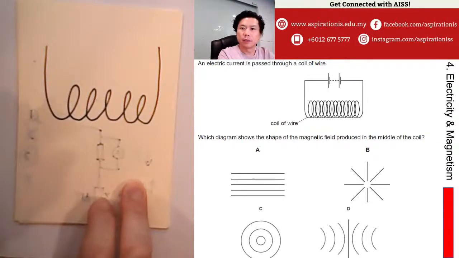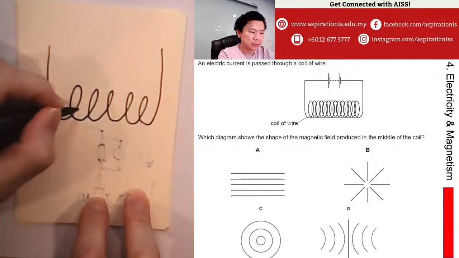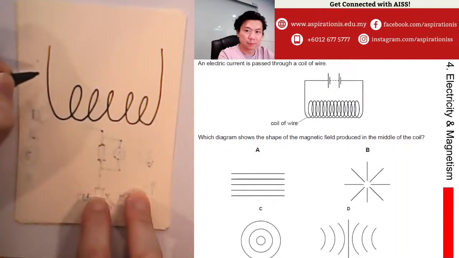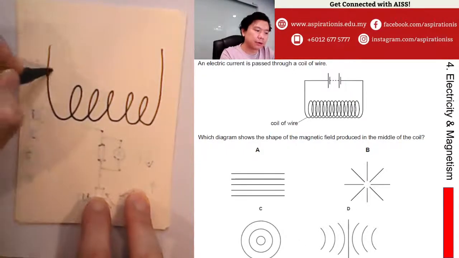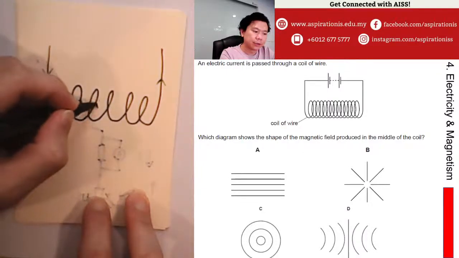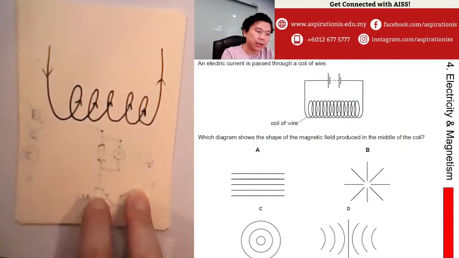Okay, look at the question. So the current comes down here and up here, right? So current in the front face of the coil will be moving upwards.